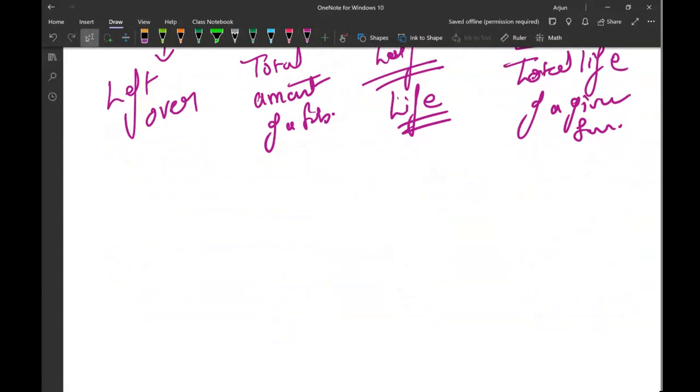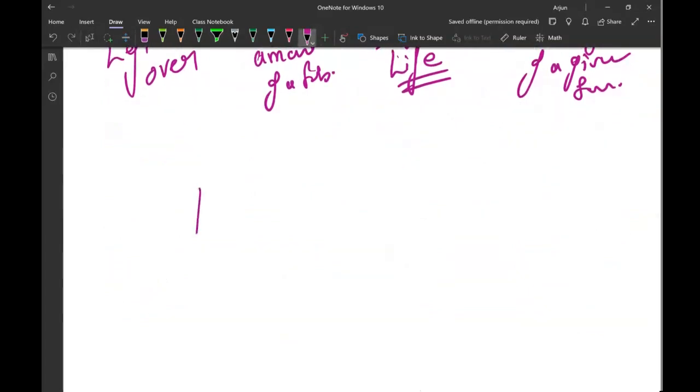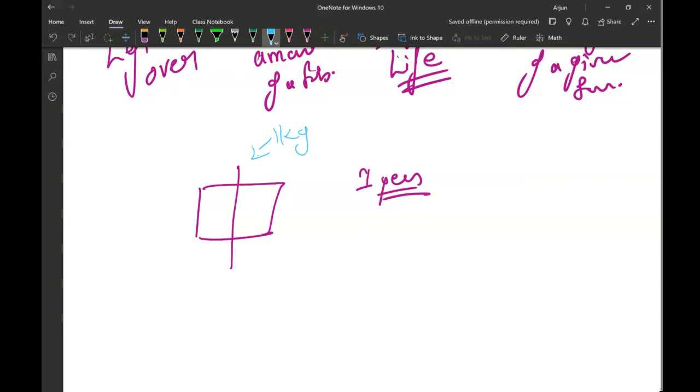That is the half-life. Now, if the half-life of a given substance is 1 year, it means in 1 year, this 1 kg substance will have a leftover of 0.5 kg. That will be the half-life.